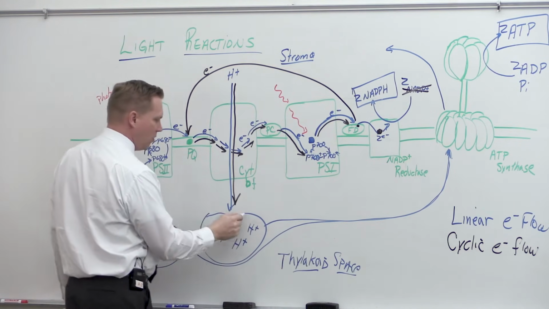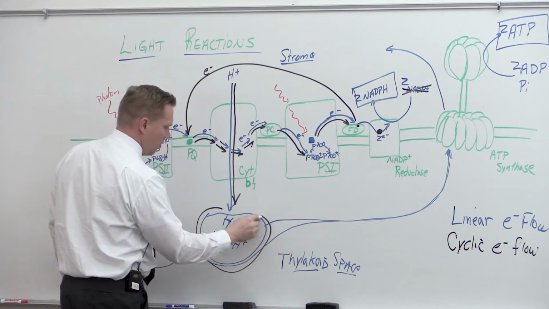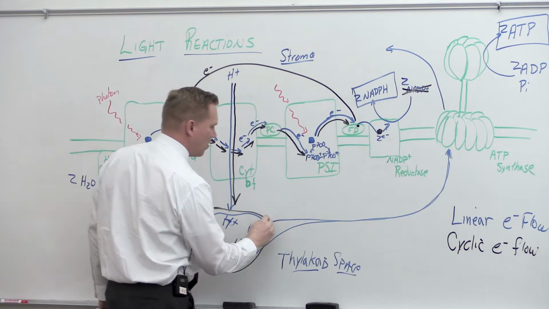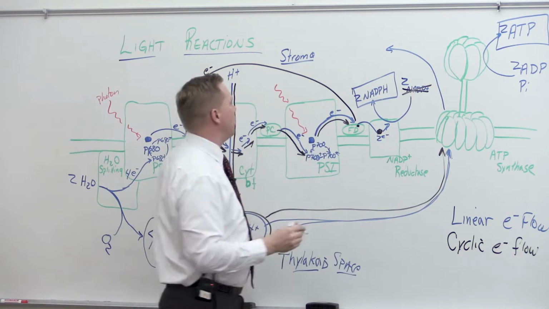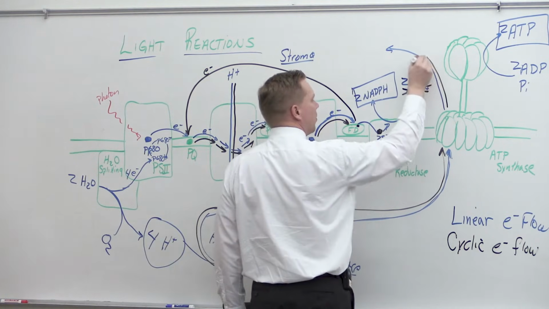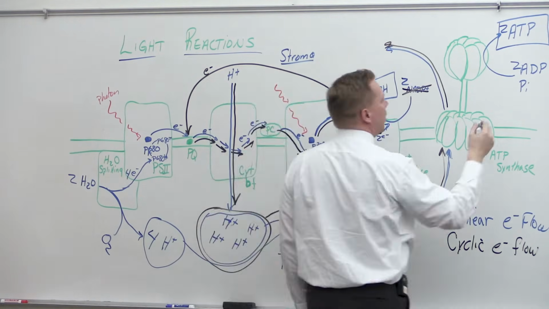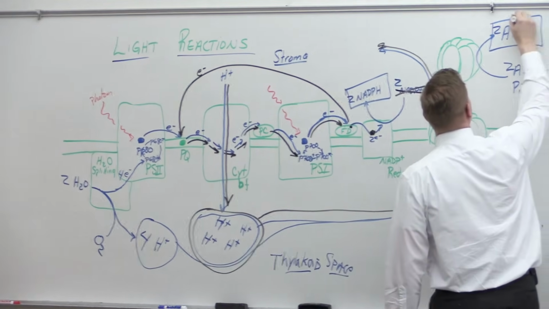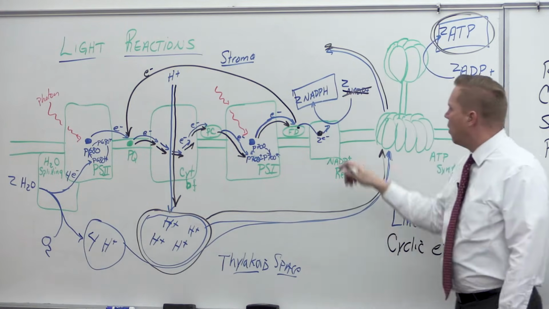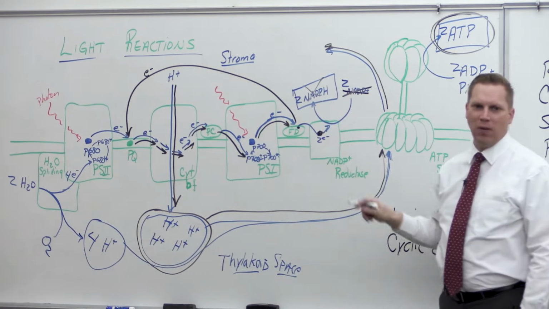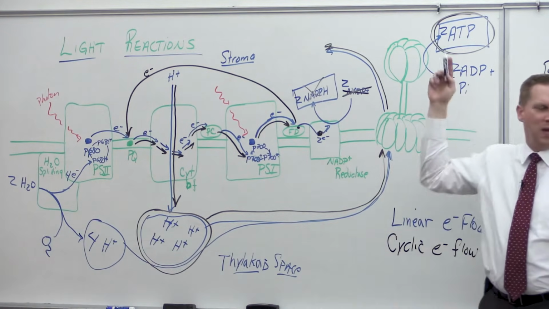And then these protons right here that get pumped across are going to move through ATP synthase back into the stroma, and we are going to continue to generate ATP. We don't get NADP plus, but we do get ATP.